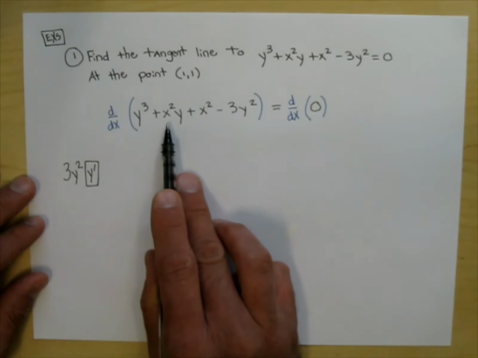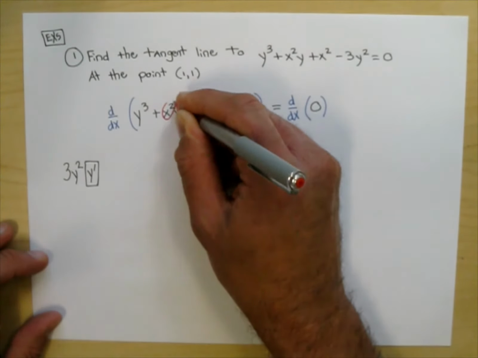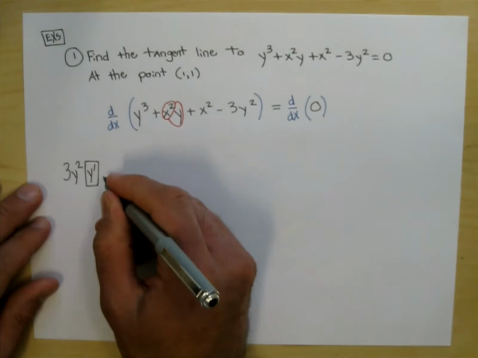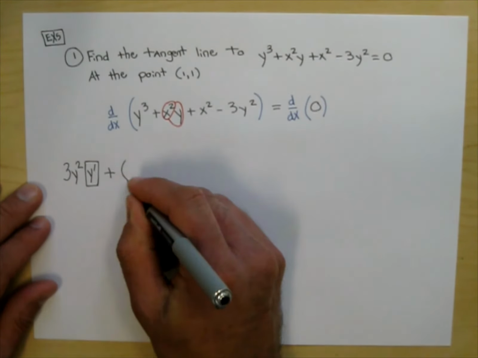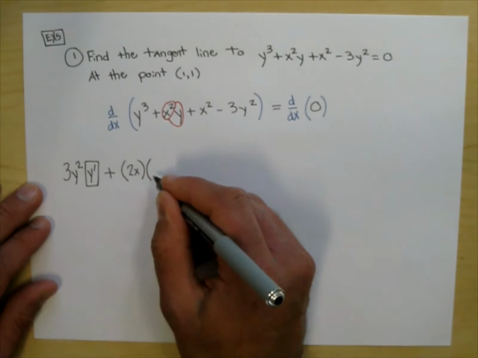Okay, we've done the derivative of this. Now we're going to do the derivative of x squared y, which happens to be a product rule. So I'm going to say the derivative of the first times the second.